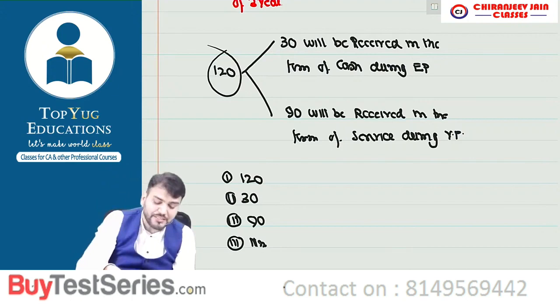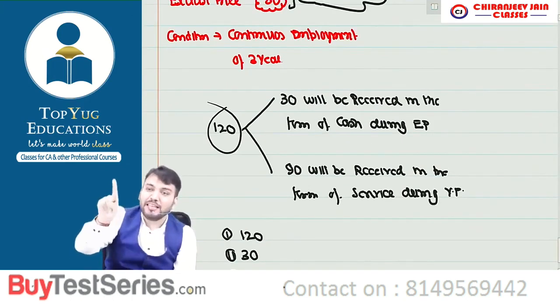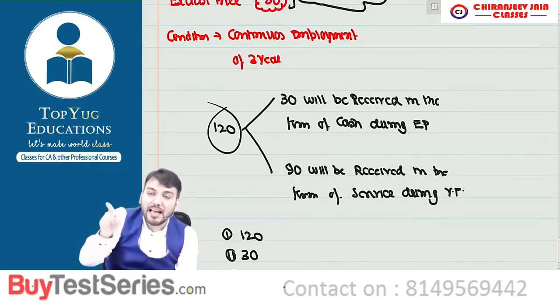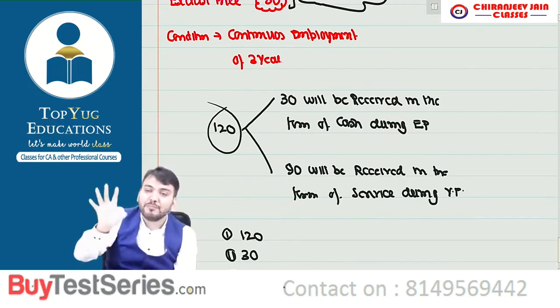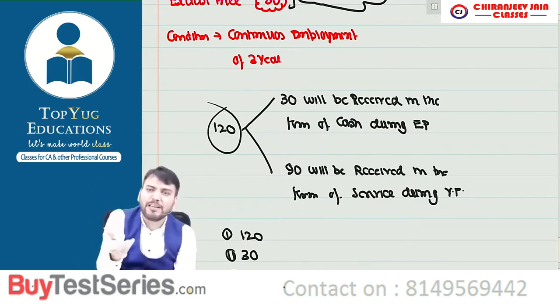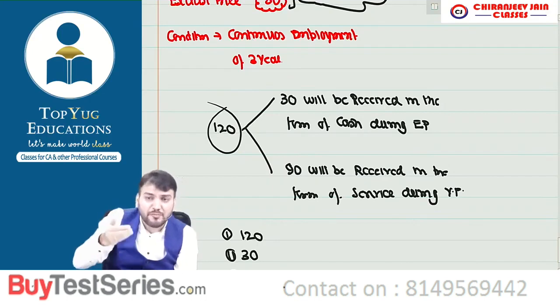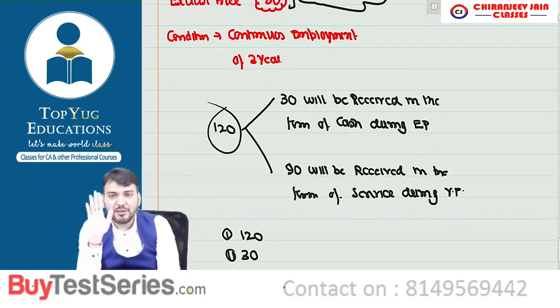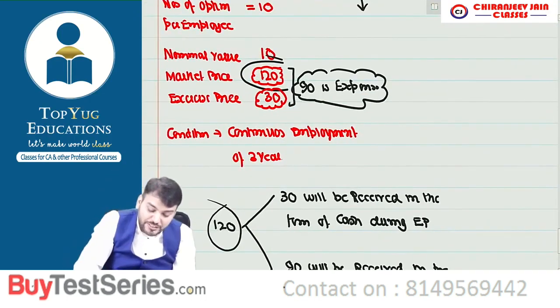I have already given the answer that out of 120, 30 will be received in the form of cash and 90 in the form of services. Means the total consideration received is 120, shares are issued at 120. I already said this is not a discount.